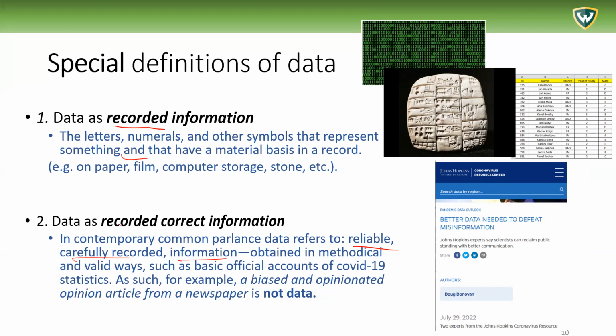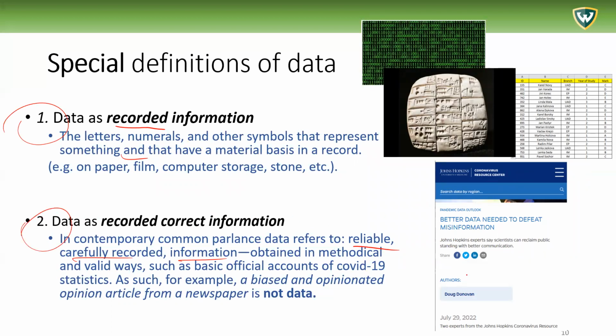So in this definition, for example, a biased and opinionated article from a newspaper is not data. It's just somebody's opinion. Now we can view that as data because it's an article, it was published, there's a record of it, and so on.